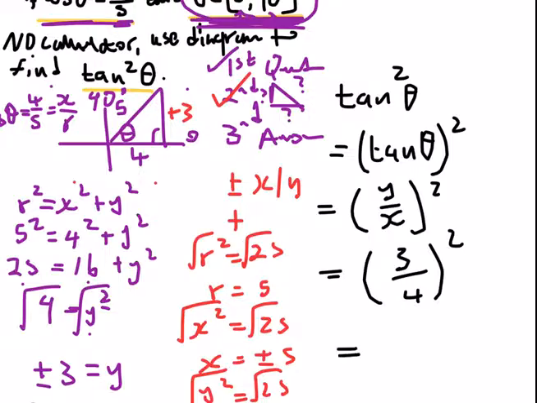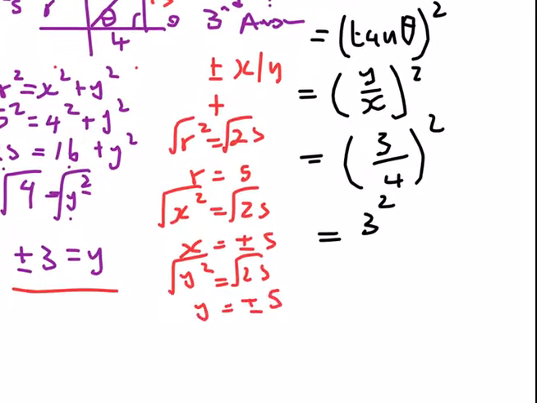Now we just apply the laws of exponents, where we will have 3 squared over 4 squared, where we end up having 9 over 16. If possible, then we might need to further simplify this.